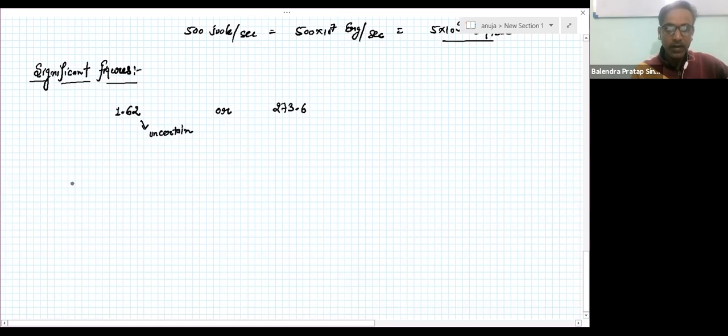It has some uncertainty. And the starting digits we call certain. In this number these 3 are certain digits, and this 6 is uncertain.